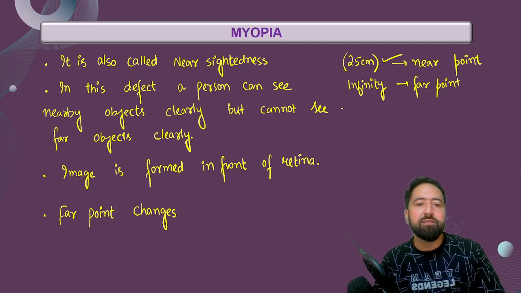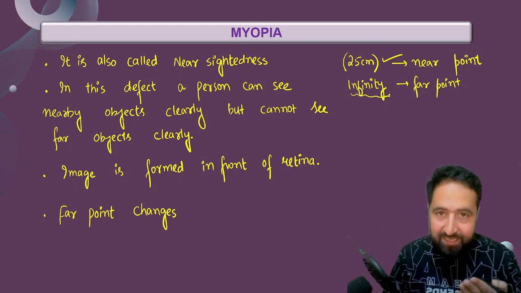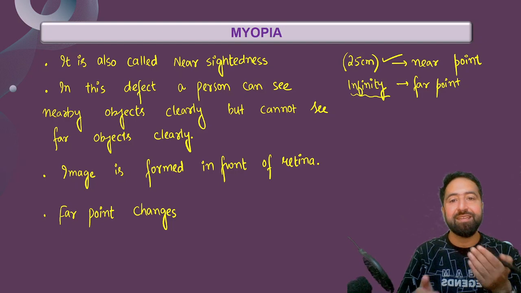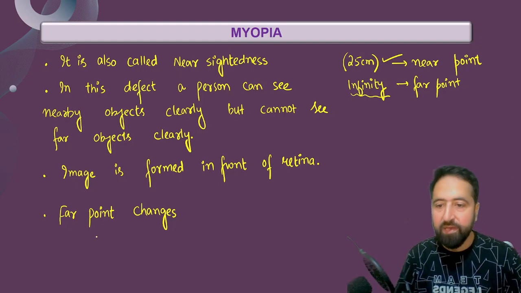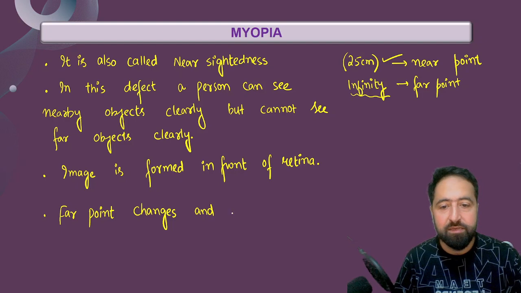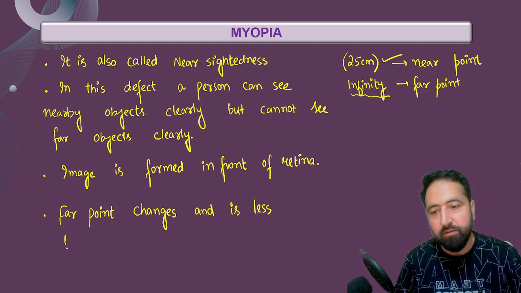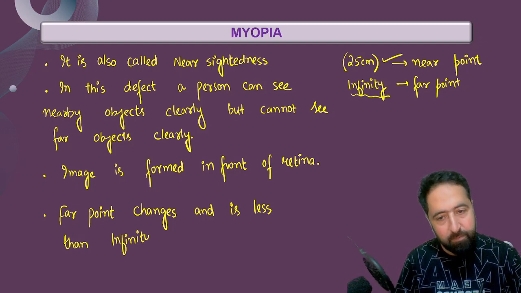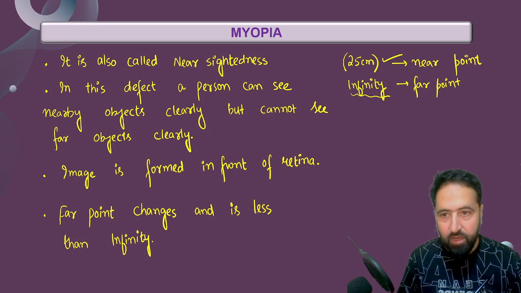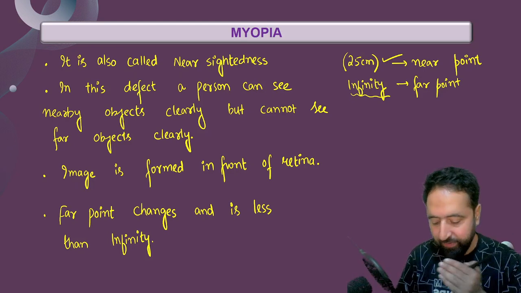And obviously, if the far point for the normal eye is infinity, so for this it will be less than infinity because there is nothing more than infinity. Okay, far point change and is less than infinity. Okay, that's nice. So these are the 4 points in which you have described about this defect called myopia.